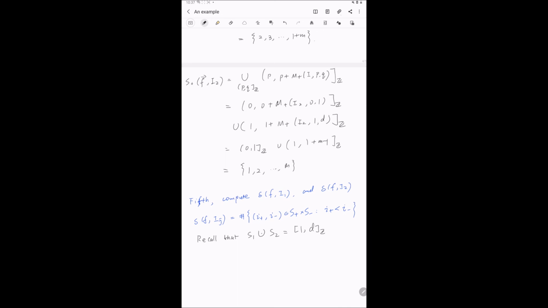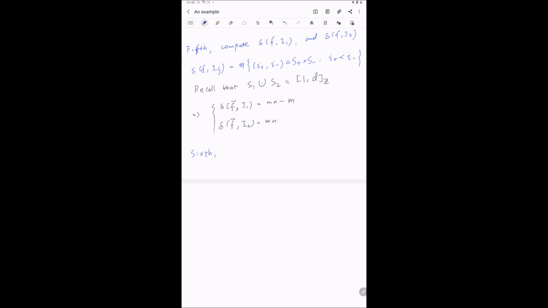So you can easily use the information we just computed to conclude that delta of f, I1 is equal to mn plus mn minus m, and delta of f, I2 is equal to m times n.